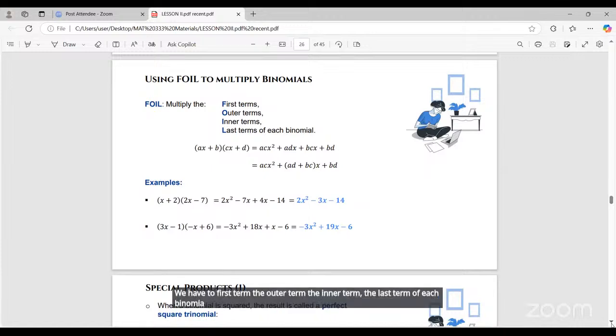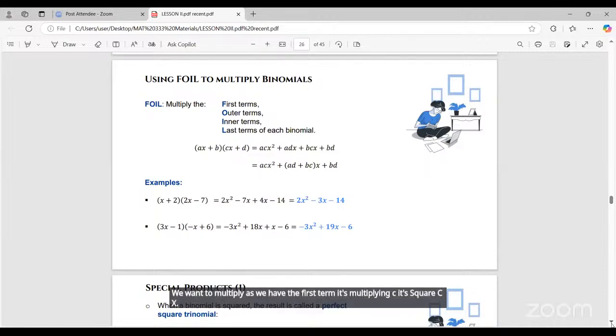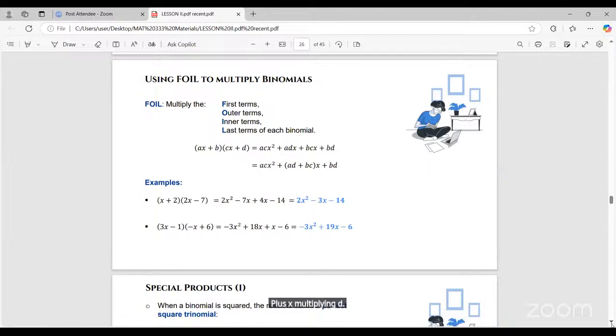If we have two expressions, ax plus b and cx plus d, we multiply: ax multiplying cx, plus ax multiplying d, plus b multiplying cx, plus b multiplying d.